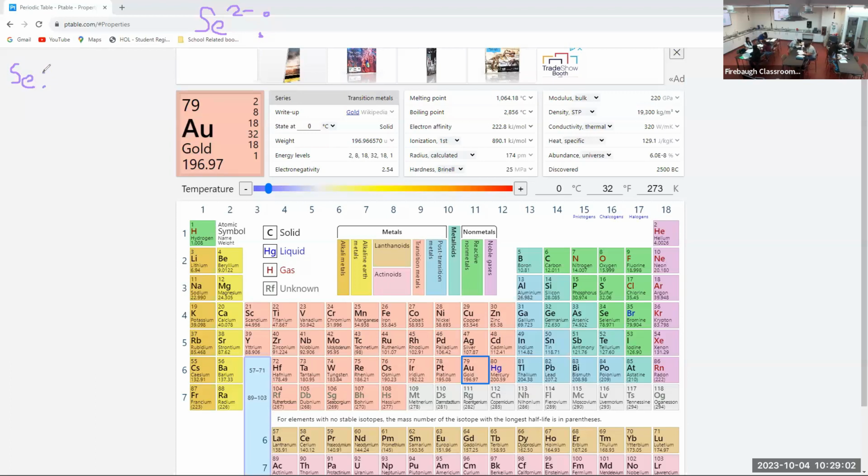So what would be the core for selenium, with the Se? Okay, and then we're looking for this guy over here. So then we'd write the argon, then we'd write what?